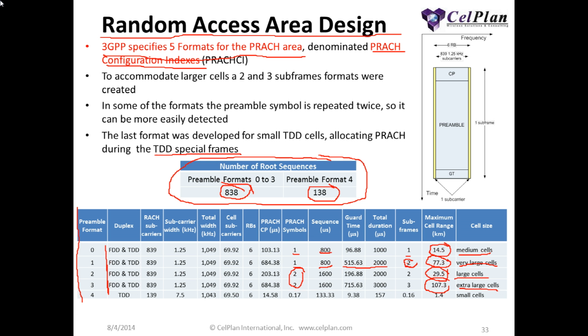Here we have a depiction on the right hand side of preamble format 0, where on the sides we have one subcarrier guard band, and then we have the CP, the preamble, and the GT.